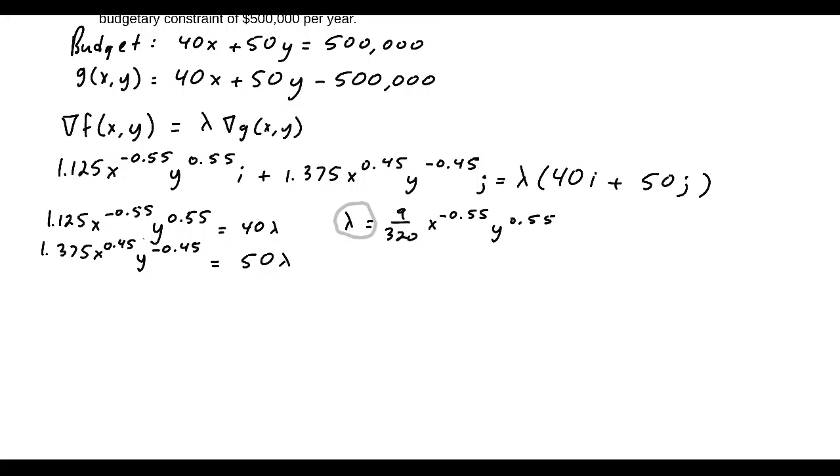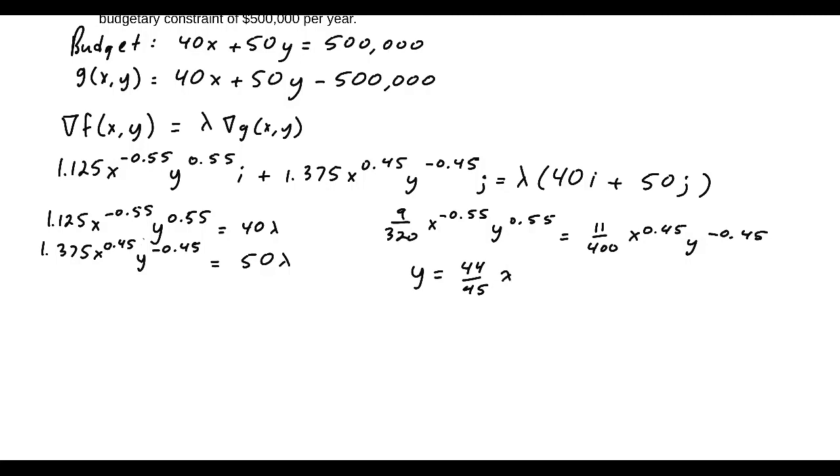That expression will be equal to 11 over 400 times x to the 0.45 exponent y to the negative 0.45, which, rearranging some terms here using exponent properties, we see that y is going to be equal to 44 over 45 multiplied by x.